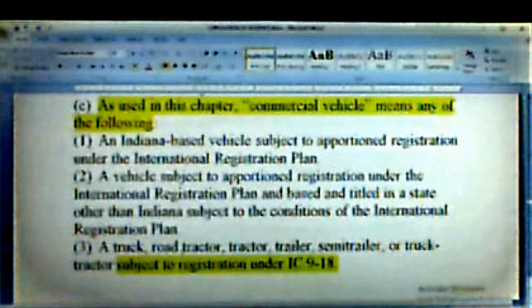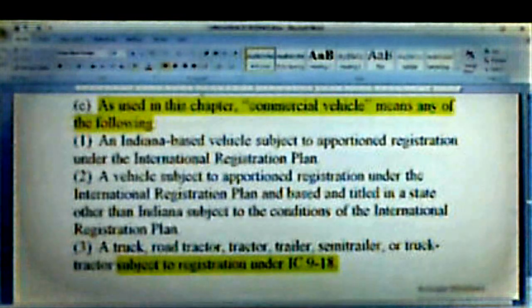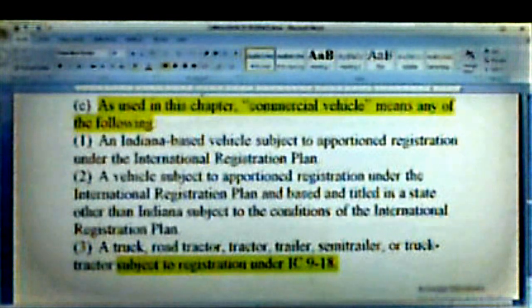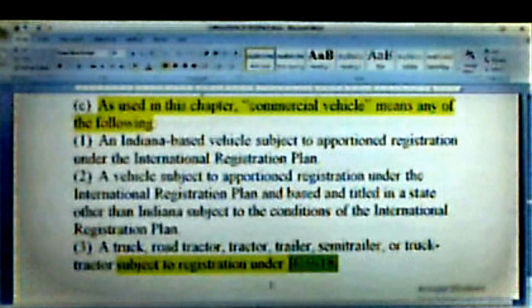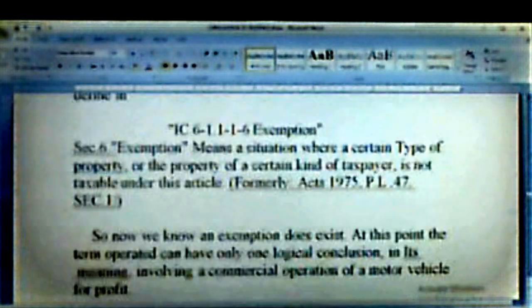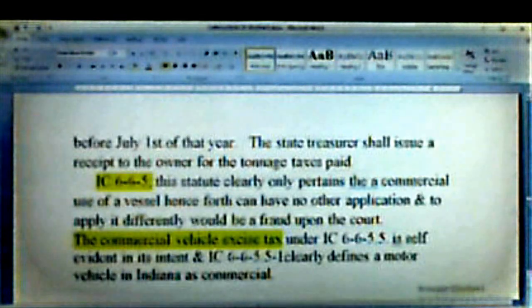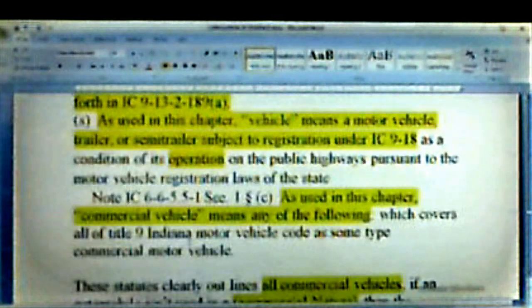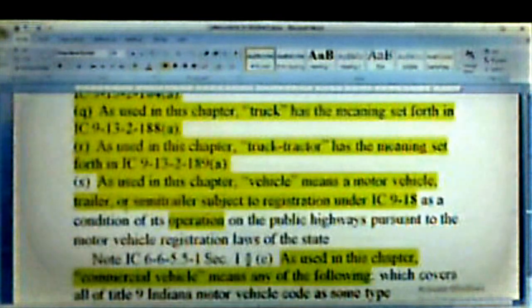And it says 3, a truck, road tractor, tractor trailer, semi-trailer, or truck tractor subject to registration under IC 918. Well, didn't we just go under that? Right up here? And we read all through what IC 918 required, right?